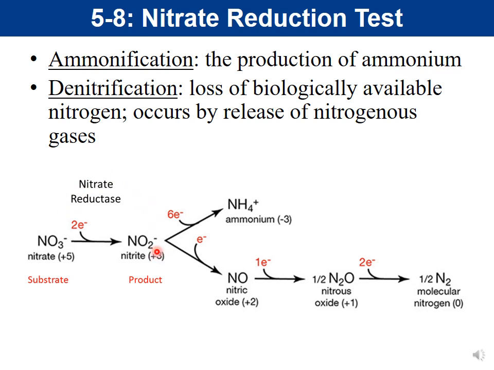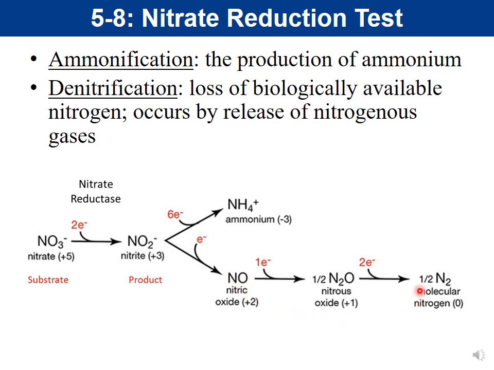You want to know the reagents, right? So the reagent that detects the nitrite is the reagents A and B. So reagents A and B detect nitrite, and when nitrite is detected, they turn red. You want to know the difference between the ammonification, meaning we fully reduce it to ammonium, NH4 positive, or denitrification.